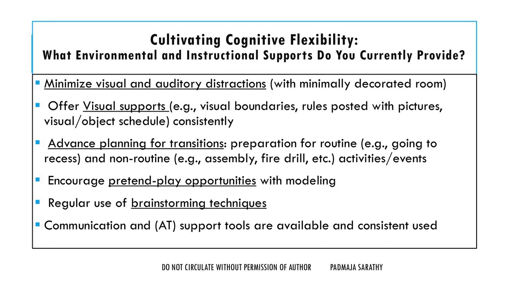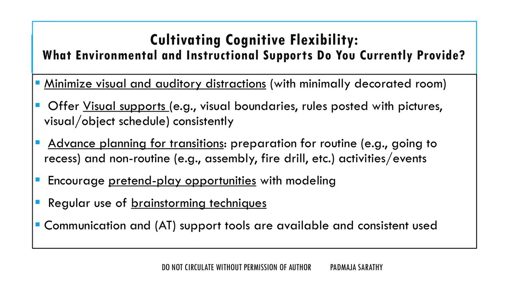I would like to begin with where you are on this, in the spectrum. What environmental and instructional supports do you already provide that may be helping children with cognitive flexibility as well as general EF? Do you make sure that you have a minimal amount of visual and auditory distractions? This is helpful for cognitive flexibility as well as for self-regulation and inhibitory control.